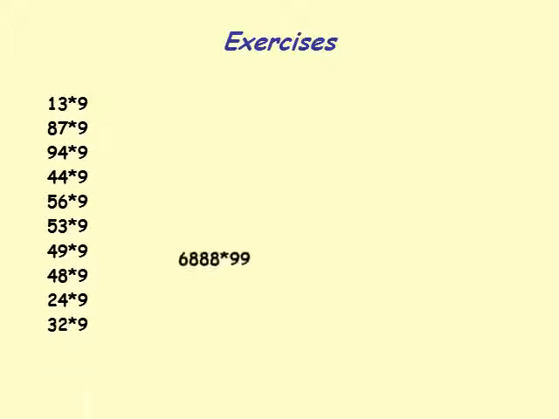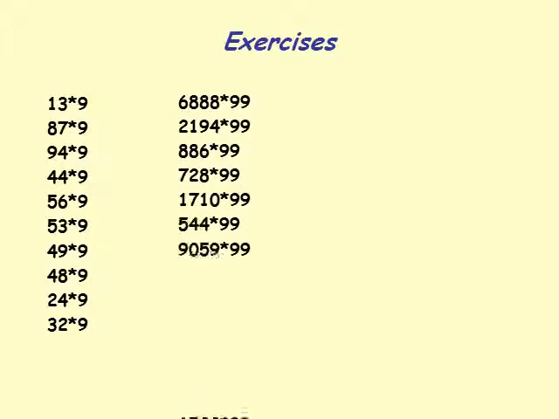You can do some exercises now. Let's try that. A few examples for multiplication by 9. A couple of examples for multiplication by 99: 6888 times 99, 2194 times 99, and some more.